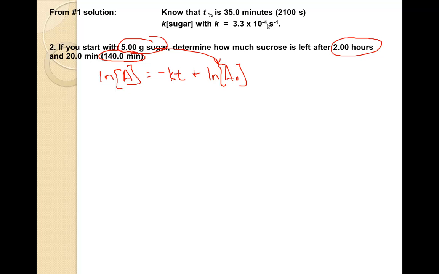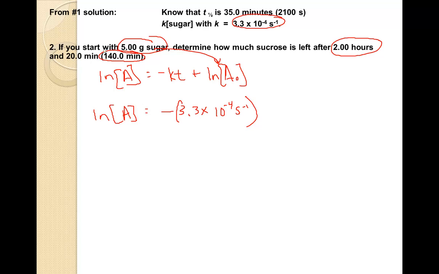So ln of A, we're trying to figure out how much is left. So that's going to be our question mark. Negative k, which is 3.3 times 10 to the negative 4 seconds to the minus 1, times the time.